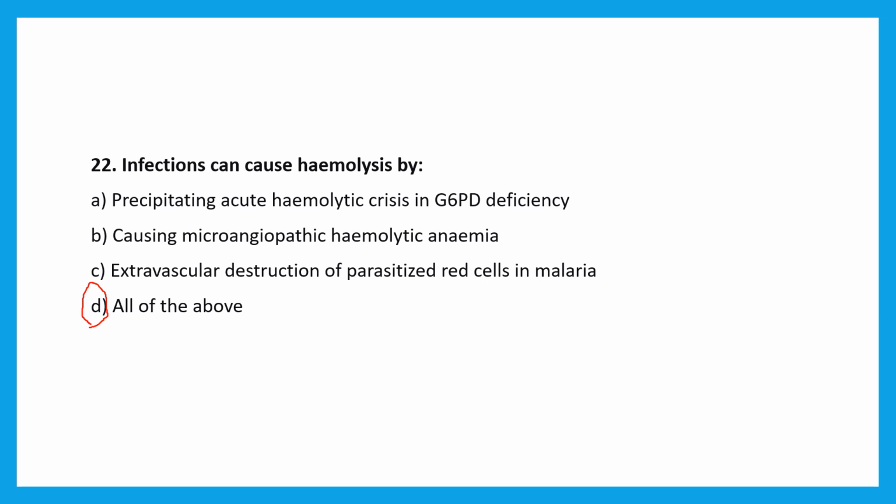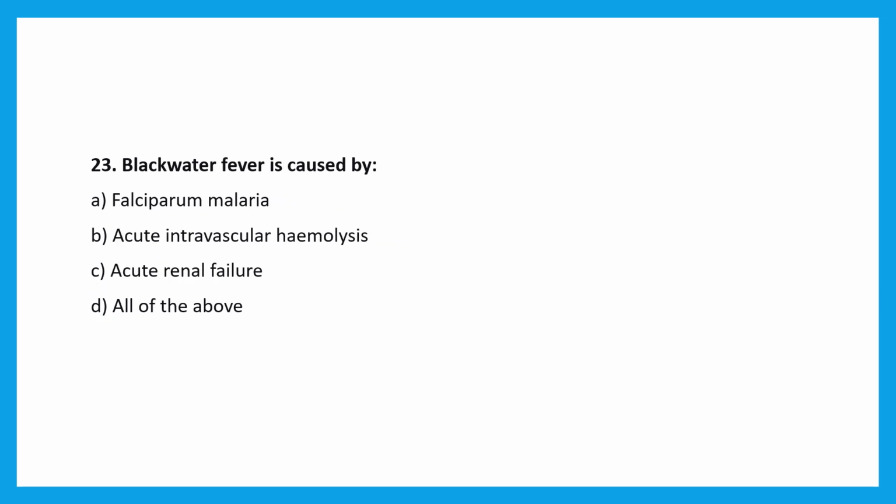Okay, 23. Blackwater fever is caused by A, falciparum malaria, B, acute intravascular hemolysis, C, acute renal failure, and D, all of the above. Blackwater fever is, of course, a severe complication of Plasmodium falciparum malaria.